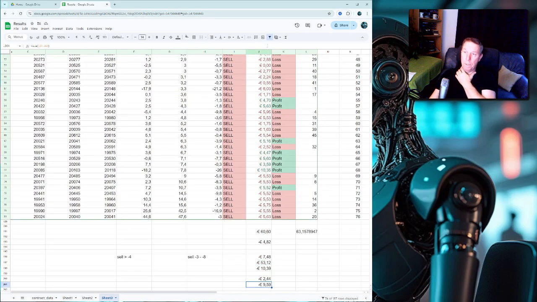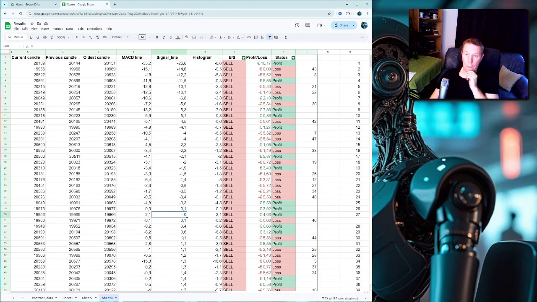So that's not good. So in the sell, the signal line should be smaller than 0. Smaller, not greater. Smaller. The sell should be smaller than 0 at least. I can try not 2 but 1.